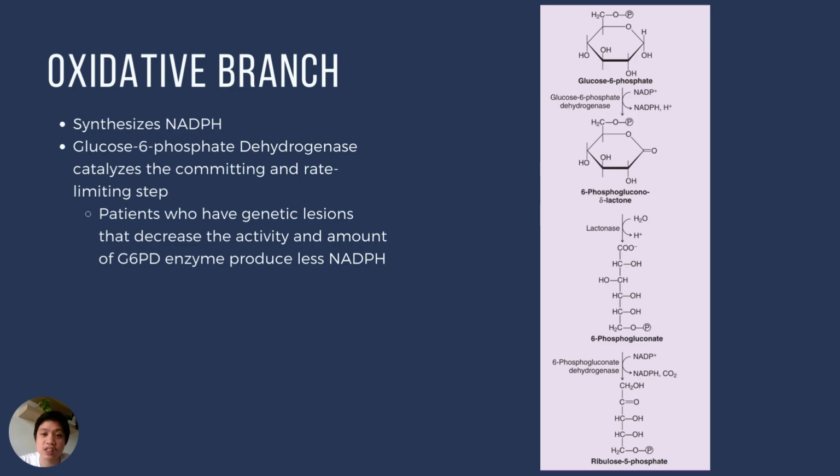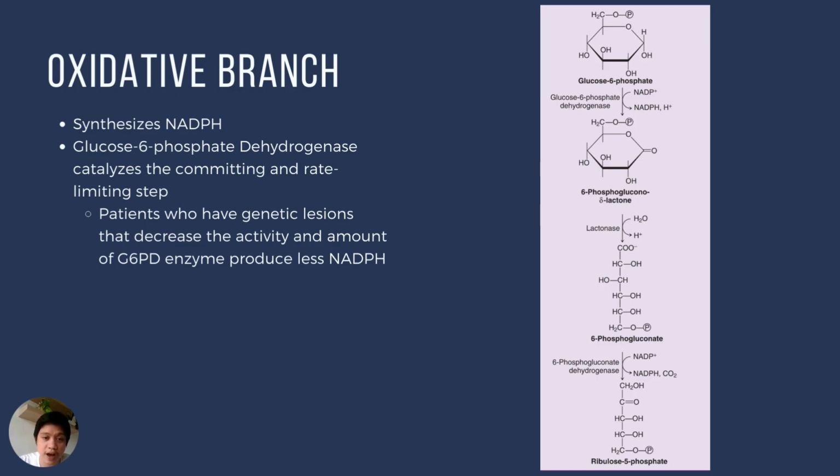6-phosphogluconolactone is then hydrolyzed, and what happens here is that the chain configuration results from the hydrolysis, and you destroy the Haworth configuration. Next, this product is already known as 6-phosphogluconate.